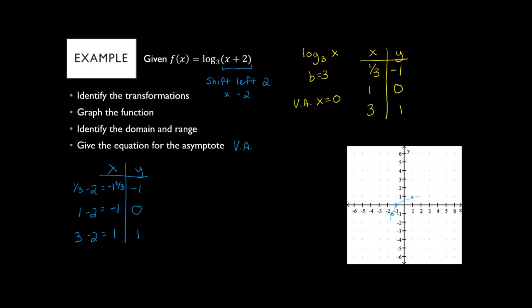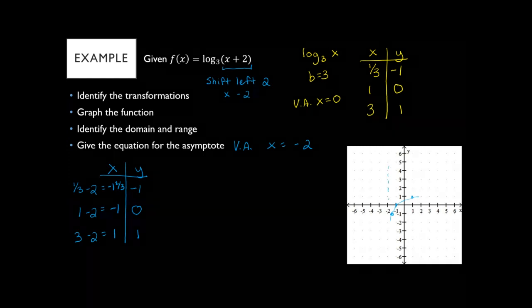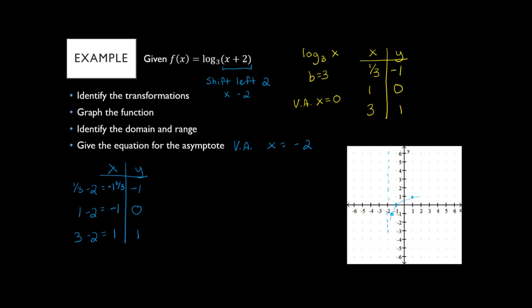So our vertical asymptote is going to be x equals -2, because we need to shift it over to the left. So I'm going to draw that in as best as I can with a vertical dashed line. And so that helps me know that when I connect this, I can't go beyond that line. And so then I can finish my graph. I connect those 3 points, and then I have my drawing.